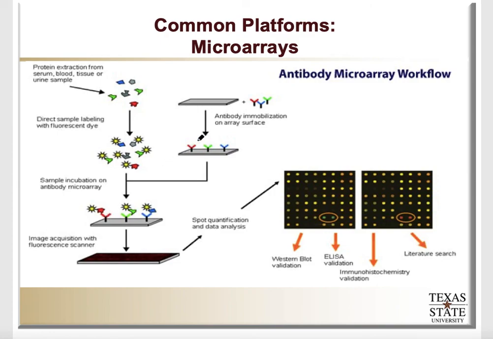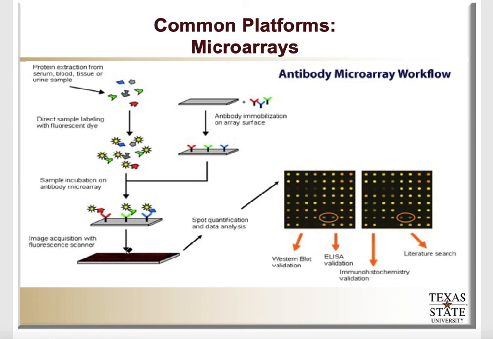So in this particular case, my red antibody is specific to the red molecule, and you can see that the binding takes place, and the green one is specific to the green one, and so on and so forth. And so now you have specificity. Now you have one molecule binding to one location on that array.